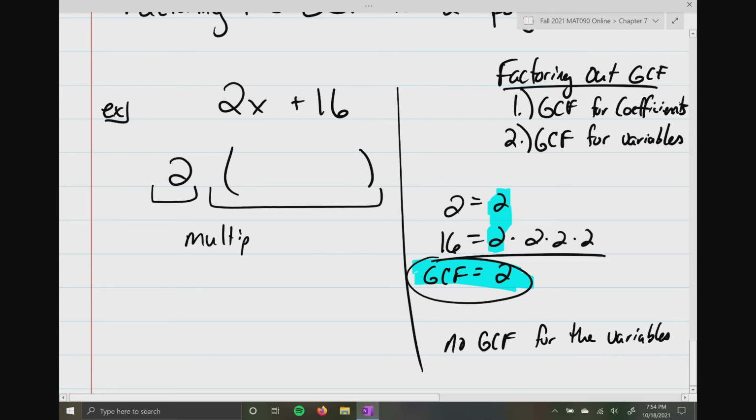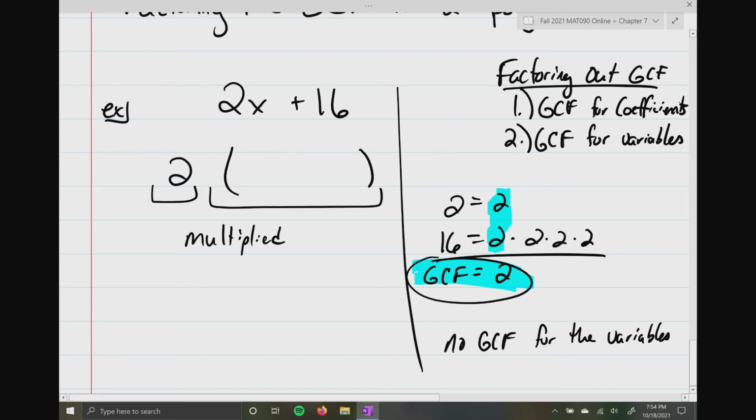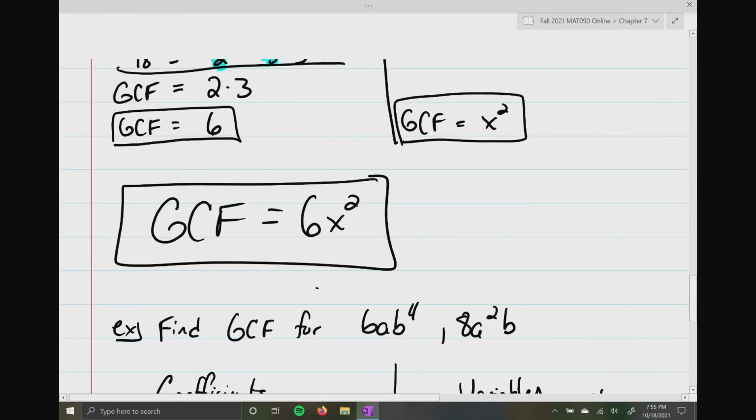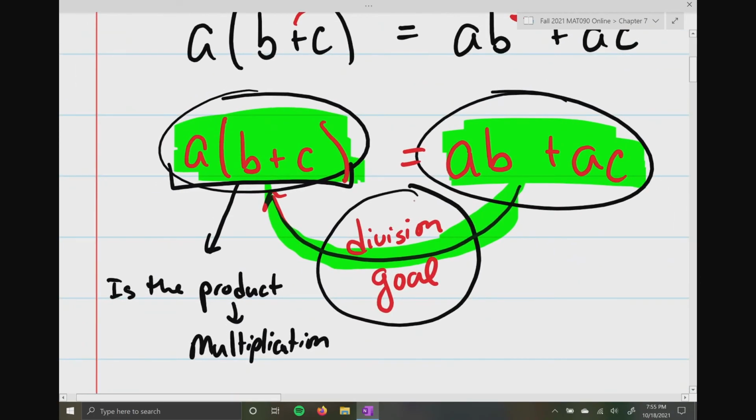That's what I wanted to do. The question becomes, what goes inside these parentheses? All the way at the very beginning of class, I told you that factoring something out, and I'm going to scroll up, this is the last time I'm going to scroll up, and I'm going to zoom in and circle right there. Anytime you factor something, it's all about division.